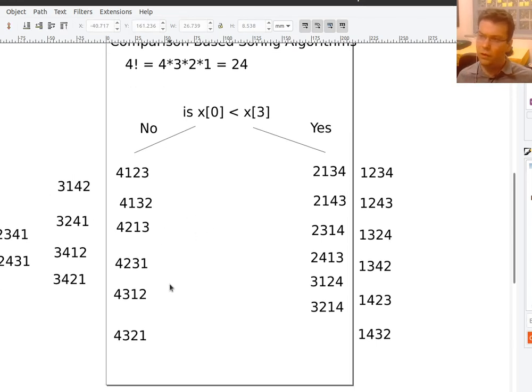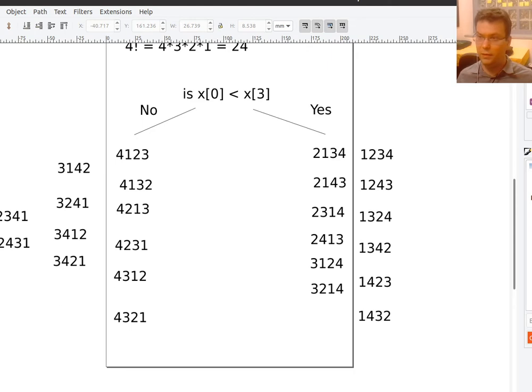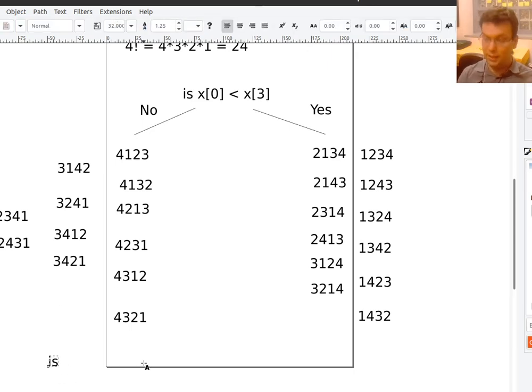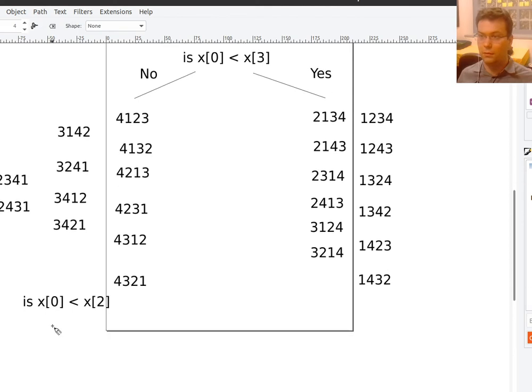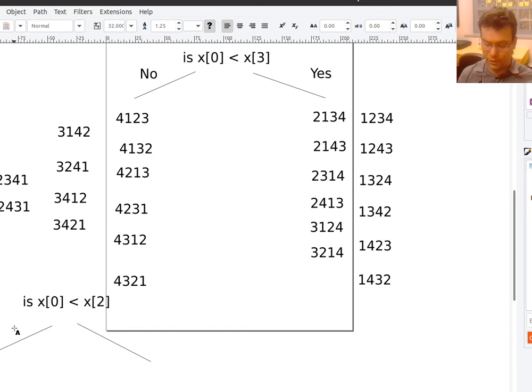What if over here I compare the first element to the second to last element? So let me say, is x0 less than x2? I can ask that question over here if I go down this branch. It's either going to be yes or no.